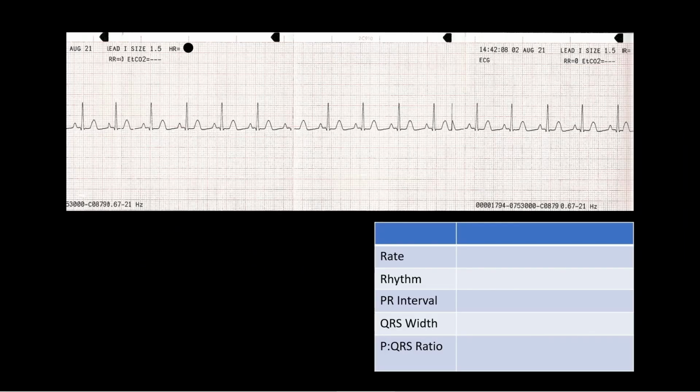We've got an ECG strip here we can go through. The first thing we need to determine is what is the rate. Now again, there's 2 methods with which to determine that. We can figure out a 6-second gap.